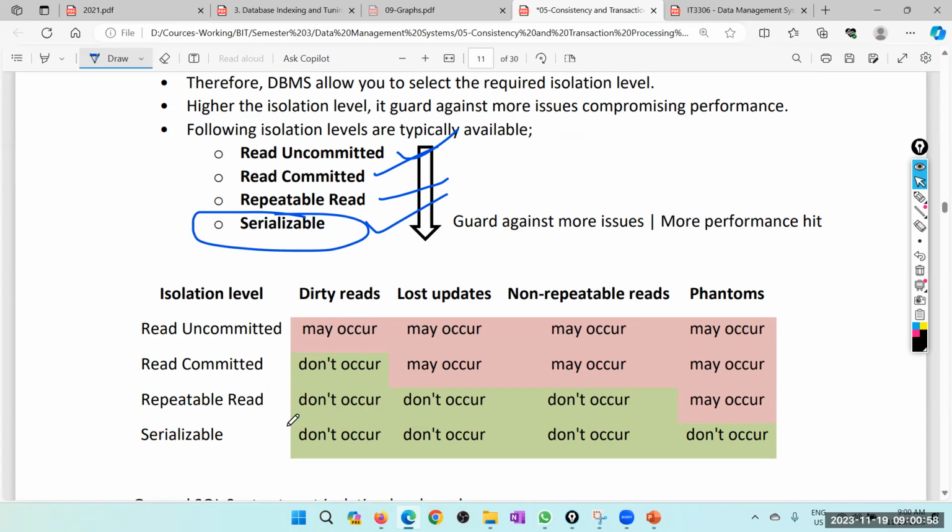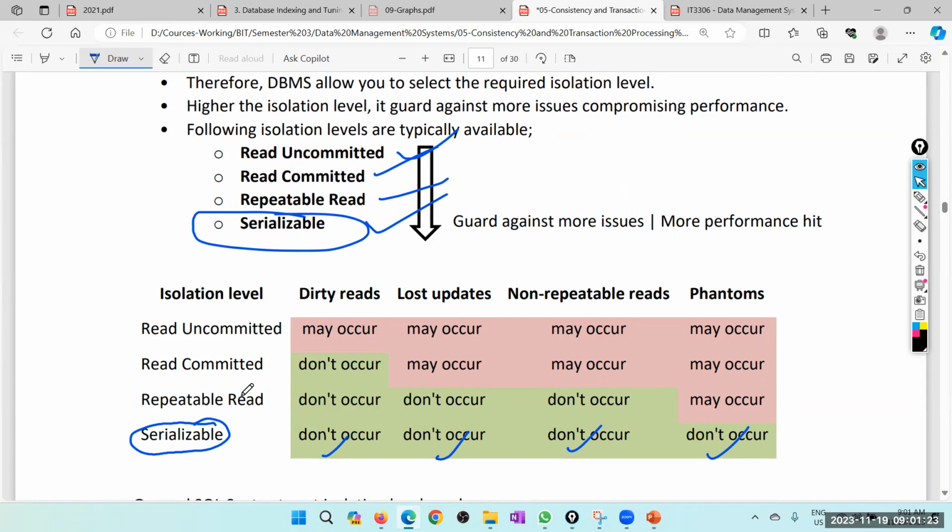For example, with the serializable isolation level, there are no dirty reads, no lost updates, no non-repeatable reads, no phantom issues. So your transactions will happen without giving you any possible issues. All possible issues are guarded.